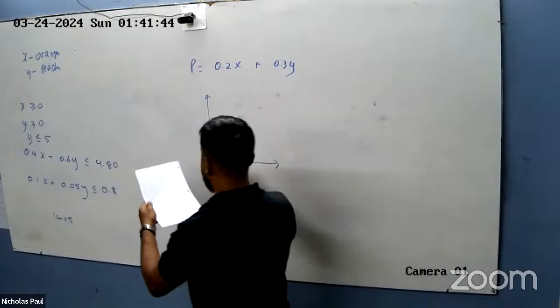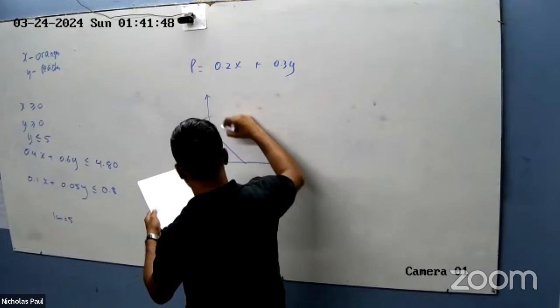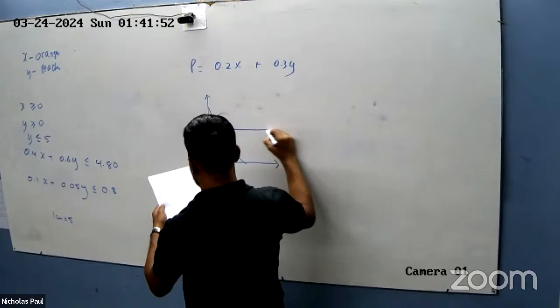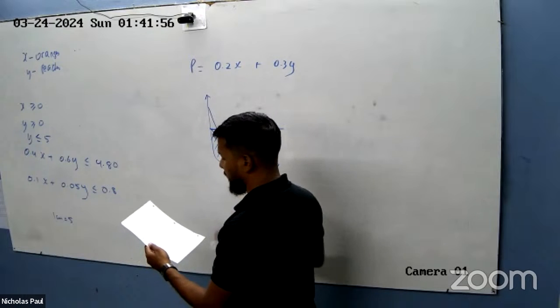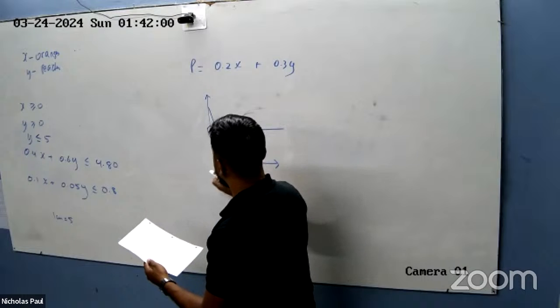Right, so for those who are online, it might look like this. Right, and this is a common region here. Just do me a favor and tell me what the vertices are.